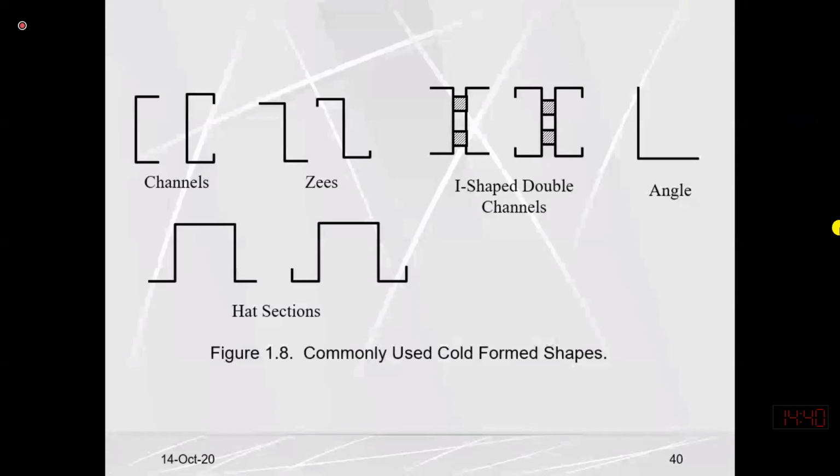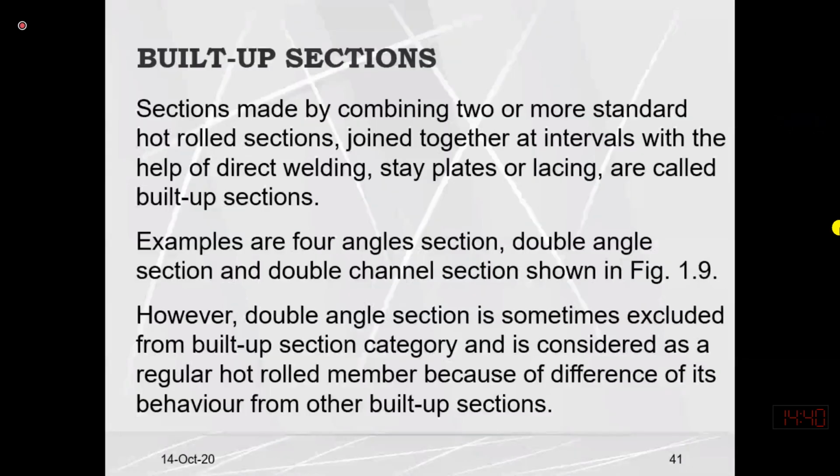Next is the built up section. A built up section means one which is not a standard section or not a single section. We make it by using sections in different combinations. If I join two sections to make one section, then this will be called a built up section.